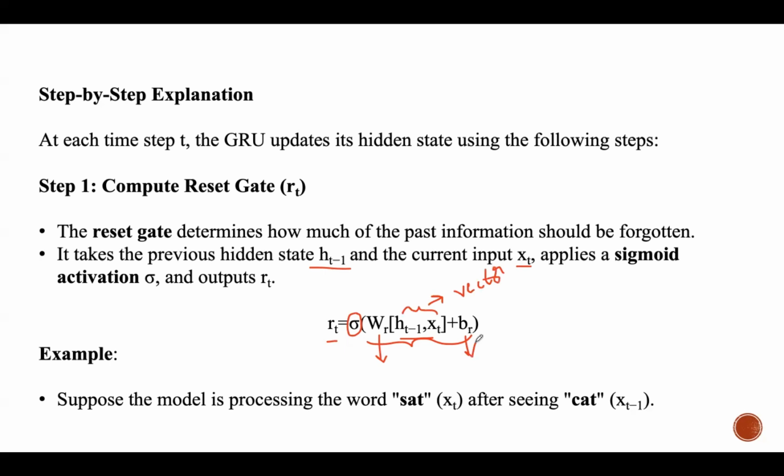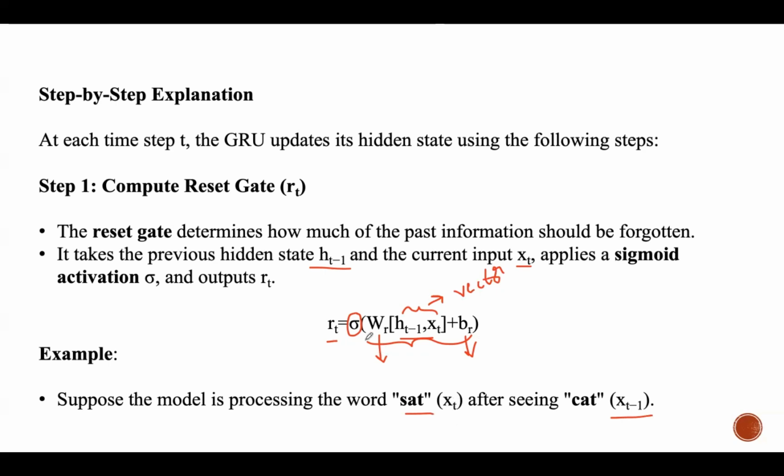Then if you come to the processing part, processing words in a sentence, suppose the model has already seen the word cat. Assume this word cat is x_(t-1), and now it processes the word sat. The current input word is x_t.